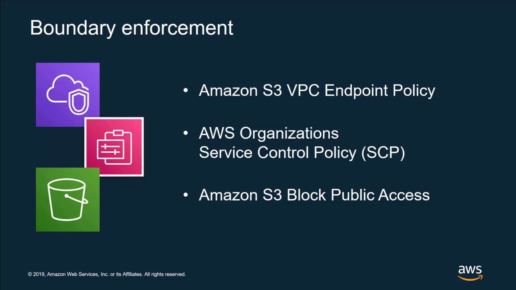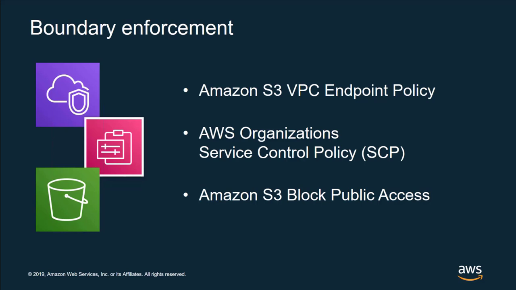A service control policy essentially establishes guardrails for that project team. You create an AWS organization and then have accounts associated with it. Then you can very granularly specify which API calls for which AWS services all the accounts in that org have access to. That's the highest level of setting guardrails for your AWS accounts.